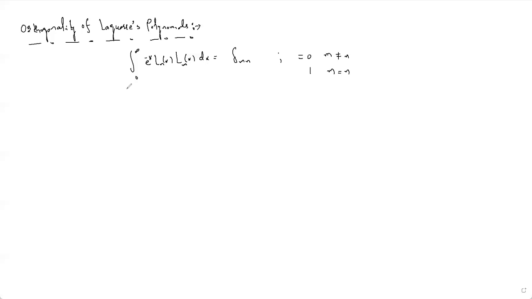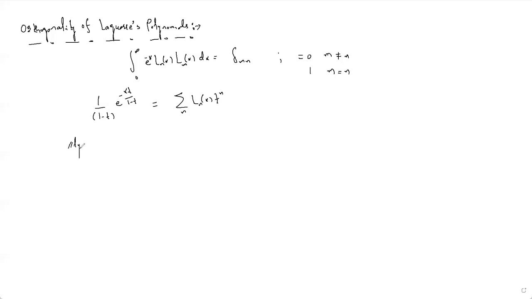How will we do that? Again, I'm going to start with the generating function. You know the generating function for the Laguerre polynomials is given by 1 over (1 minus t) times e to the power minus xt divided by (1 minus t), and this function generates the Laguerre polynomial L_n(x) t raised to power n. That is, the coefficients of t raised to power n are the Laguerre polynomials.